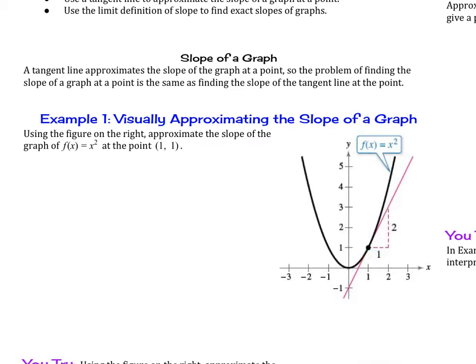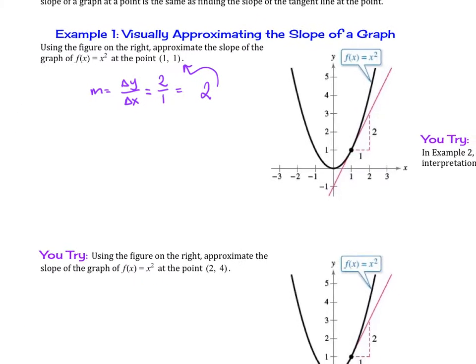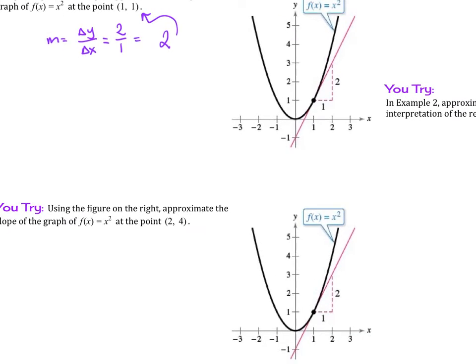1, up 2. And so remember, slope is the change in y over the change in x. So therefore the y changes a positive 2 and x changes 1. So therefore the slope is 2 at the point (1, 1). Now try that at the point (2, 4).